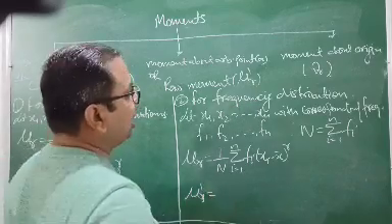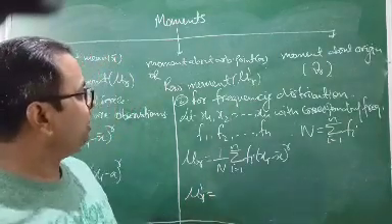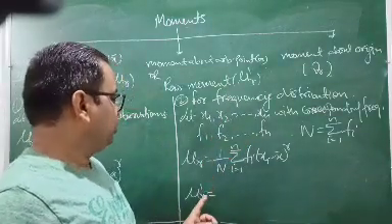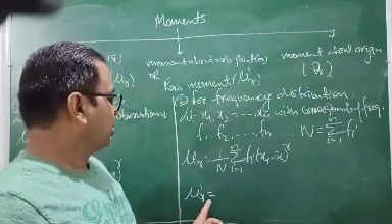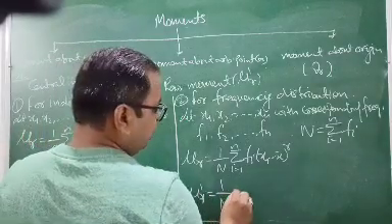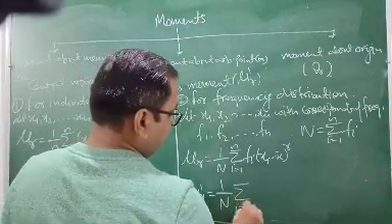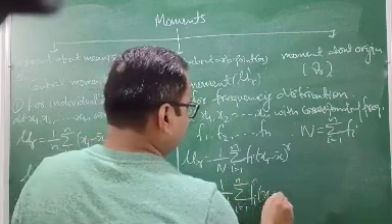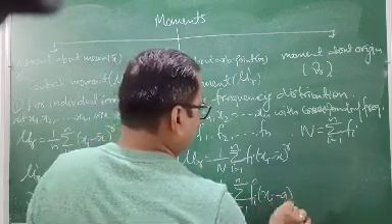Mu dash r, the rth moment about an arbitrary point for the frequency distribution, is defined by the formula 1 upon capital N summation i varies from 1 to n of fi into (xi minus a) to the power r.